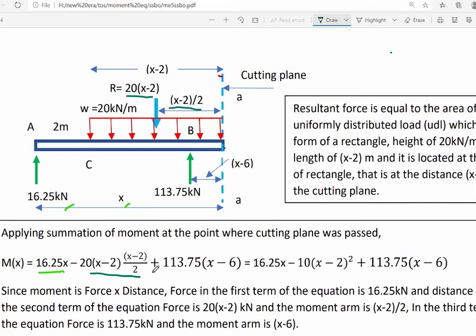So that is the second term of our moment equation, 20 multiplied by x minus 2 multiplied by its moment arm, x minus 2 all over 2. On the third term of the equation, force is equal to 113.75 kN, and the moment arm is equal to x minus 6. We will now simplify the equation by multiplying x minus 2 by x minus 2, and here is now the result.